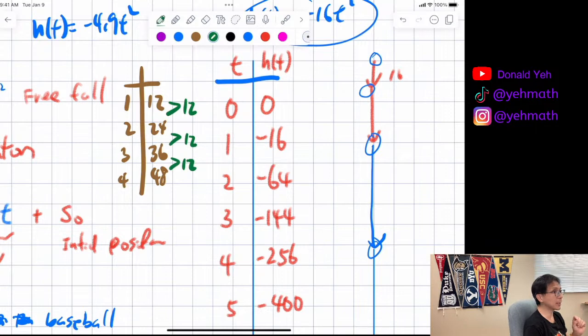How do you know something is a quadratic relationship? This is very important in physics. If I look at the table, how do I know this is quadratic? 0, negative 16, negative 64, negative 144, negative 256, negative 400.